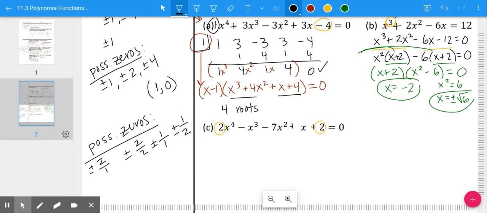If you're asking how I'm getting these, the factors of 2 on top are either 1 or 2. The factors of 2 for the denominator, which come from the front, are either 1 or 2. And I have to do all the possible combinations of that. So 2 over 1, 2 over 2, 1 over 1, 1 over 2. And then I just pick and I test.